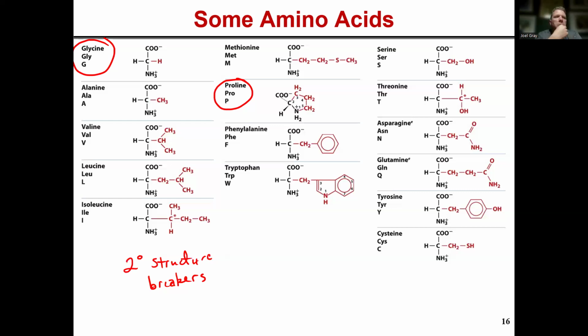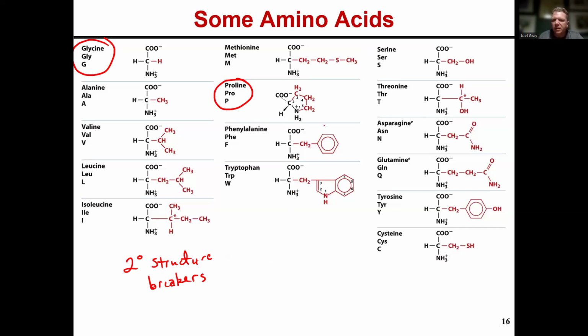There was a review article put together back in the 70s by two researchers who took all the data that was present at the time and came up with a nice little statistical model where they said, this residue is more likely to be found in an alpha helix, this is more likely to be found in a beta strand. Now, these two amino acids, however, stood out. These are secondary structure breakers. And I bring them up because they're at two opposite ends of the spectrum.